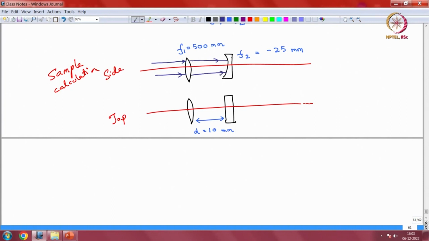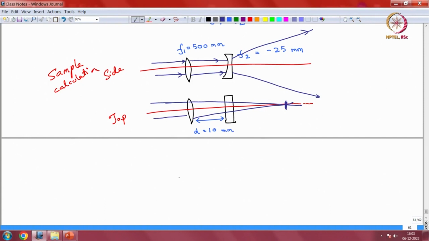As a result of the cylindrical lens, this light diverges like this in one of the axes. Whereas in the other axis, the light only sees the spherical lens and basically just ends up converging somewhere on this point. So this is maybe the location of the back focal plane.